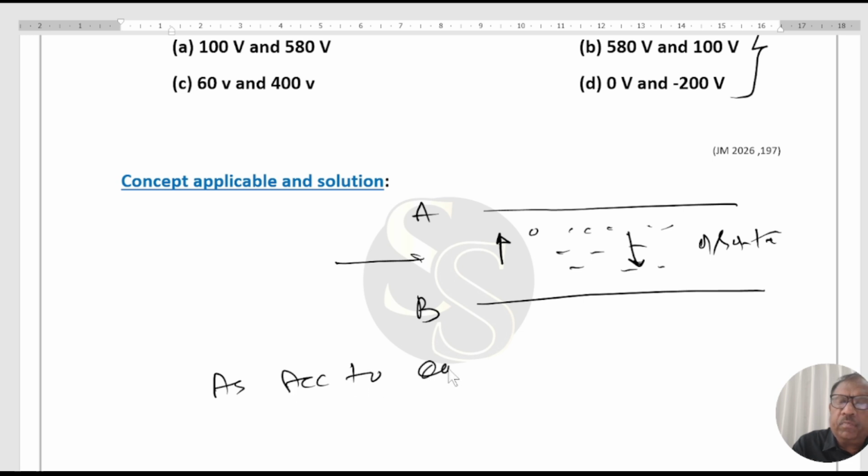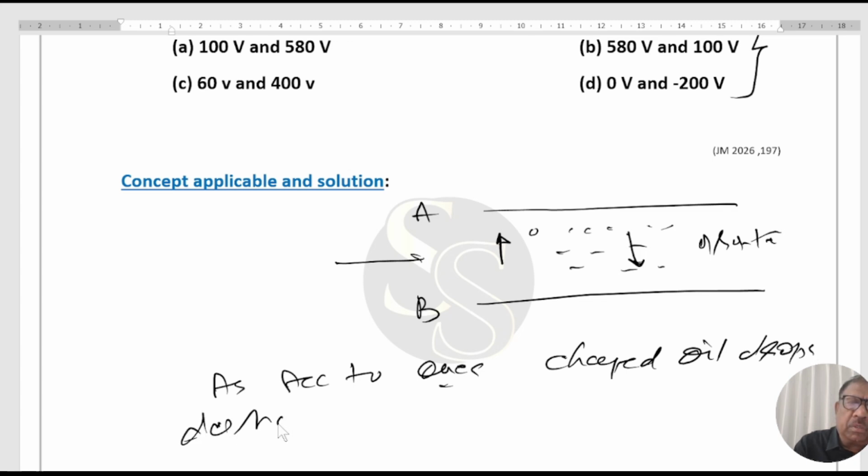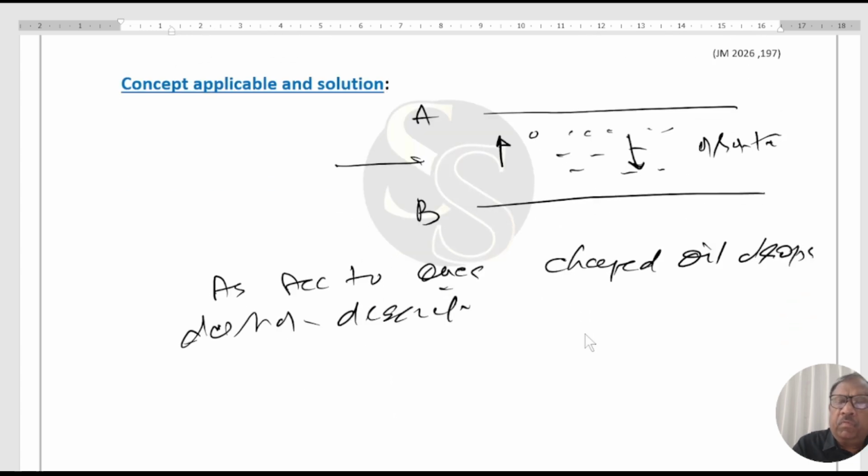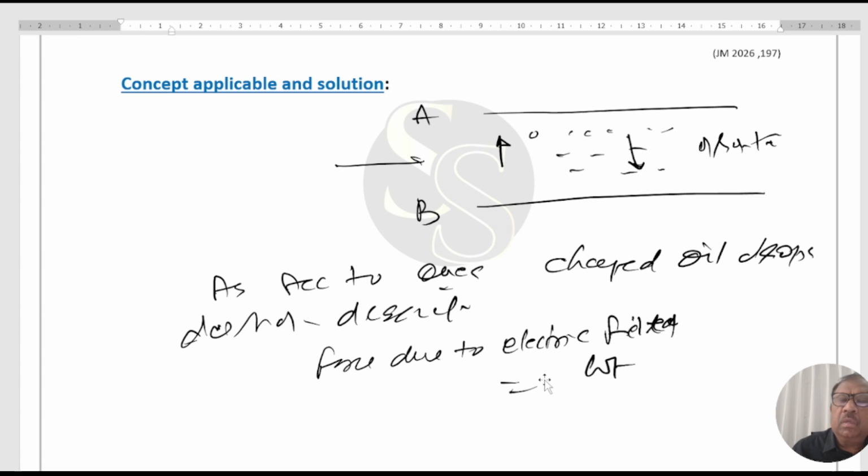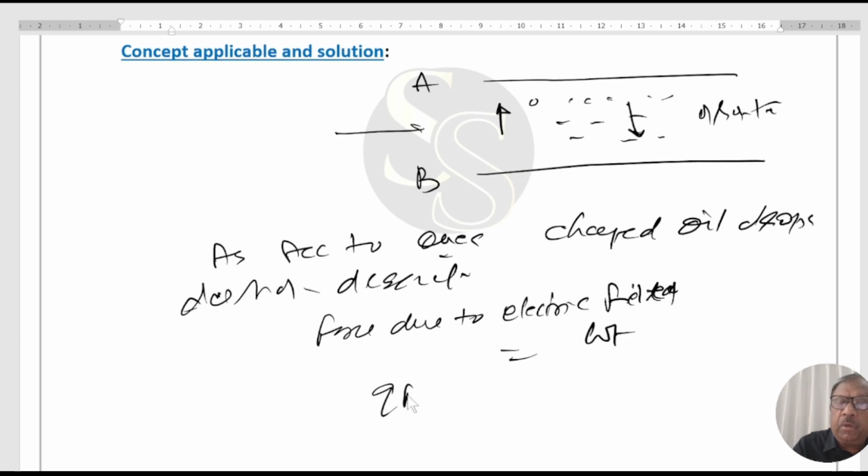According to the question, the charged oil drops do not descend, which means the force due to the electric field is being balanced by the weight, that is qE equal to mg.